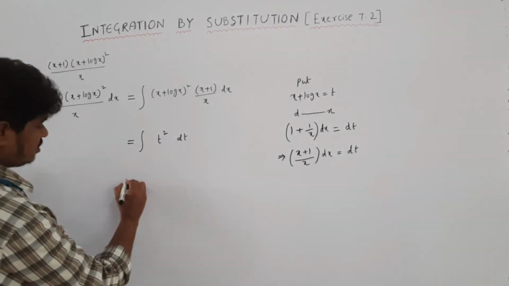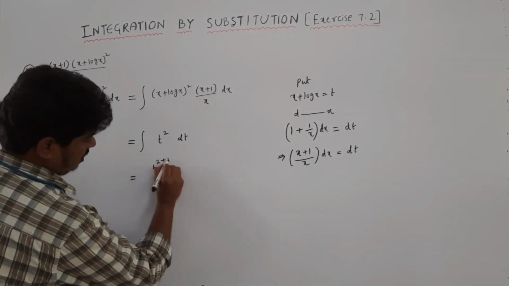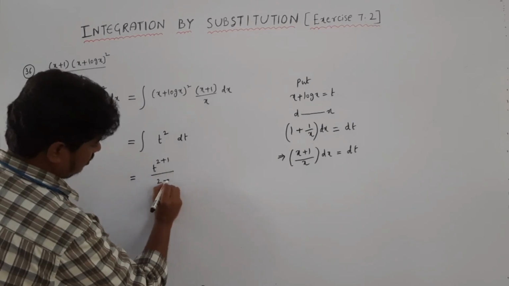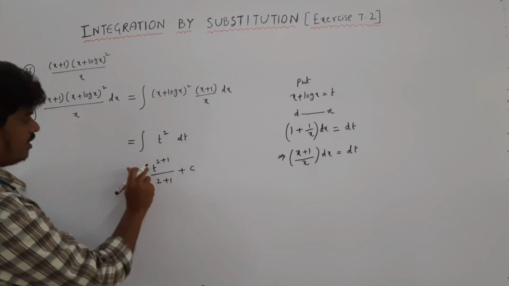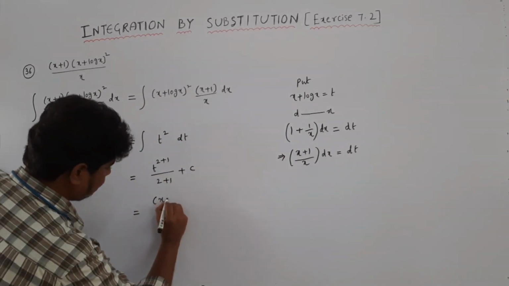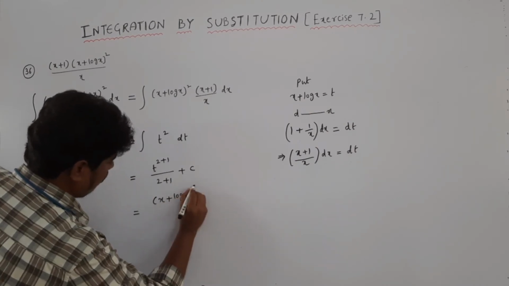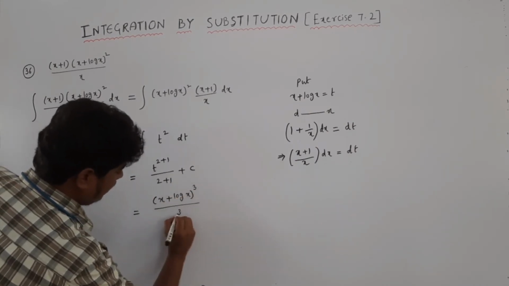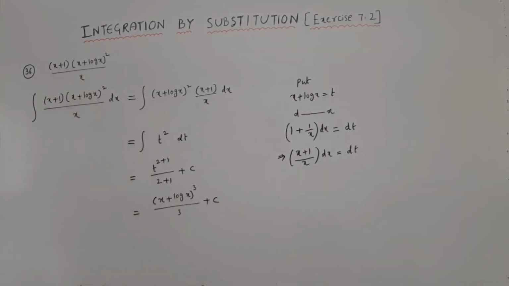So what can we write? t to the power of 2 plus 1 divided by 2 plus 1 plus c is equal. t means x plus log x, whole cube divided by 3 plus c. It is the answer of this 36.